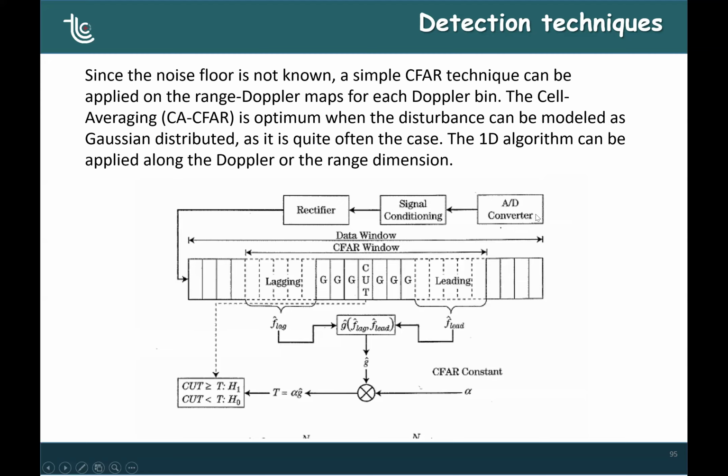Then we have the downconverter and the sampler. Suppose that after the ambiguity function, we have the samples of all the signals. Then the signal conditioning here is actually just to limit the dynamic range of the signal. Sometimes it is a logarithmic amplifier, but we can ignore it because in many systems there is no signal conditioning here.